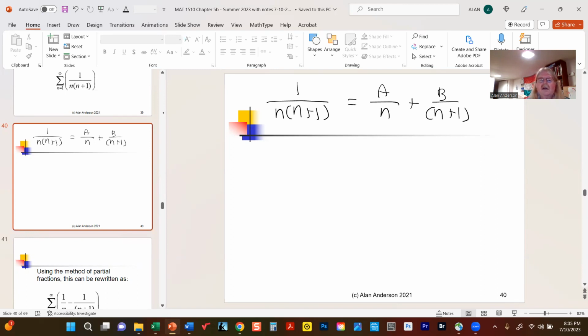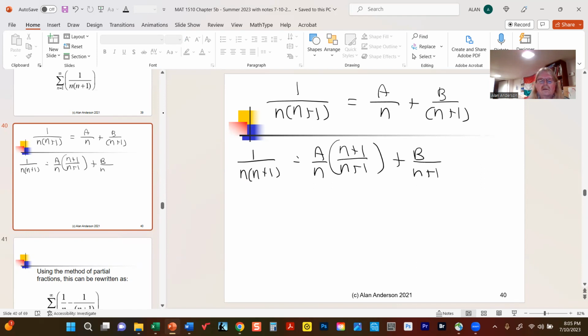Okay, and then we need a common denominator. Then we can just set the numerators equal to each other.